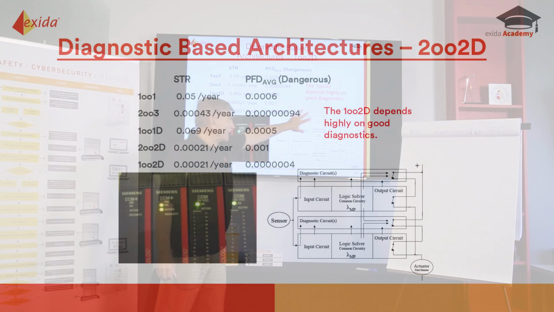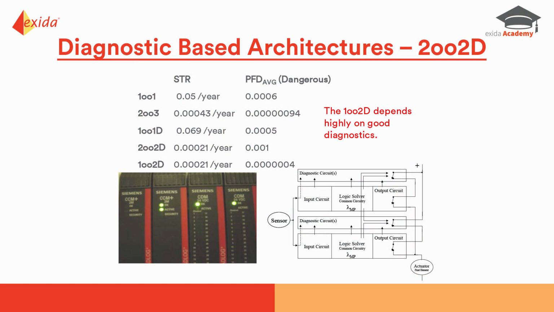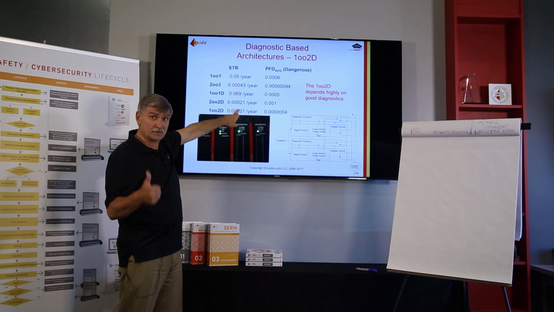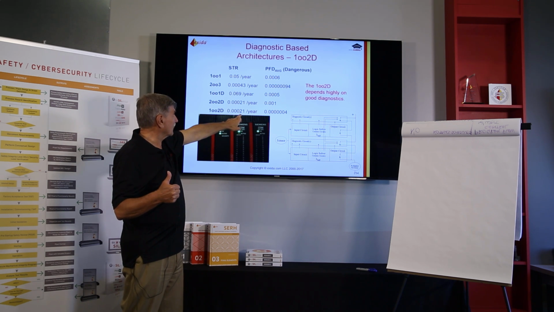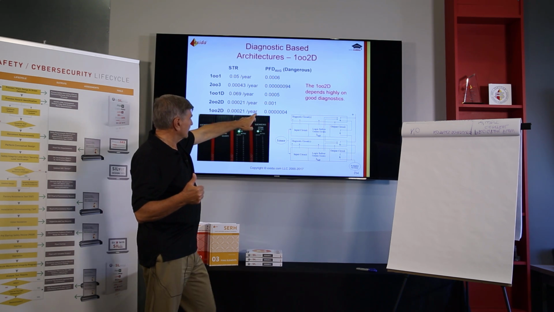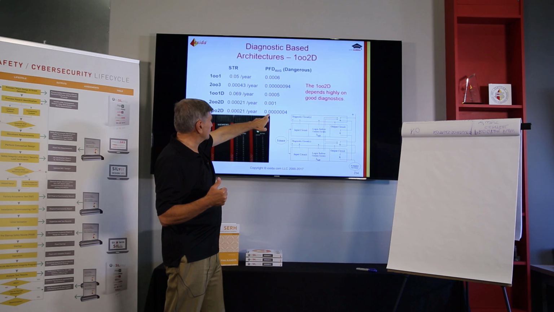And they added the extra control lines for a 1 out of 2D. And let's look at this simplified equation result. 2 out of 3, 0.0043. 1 out of 2D, I still got the 0.0021. That's good. That's better. Geez, the PFD looks great also.